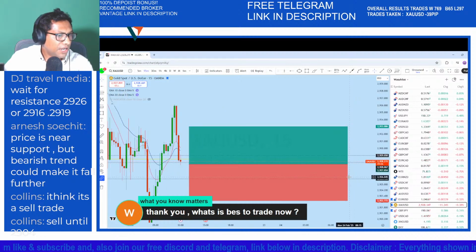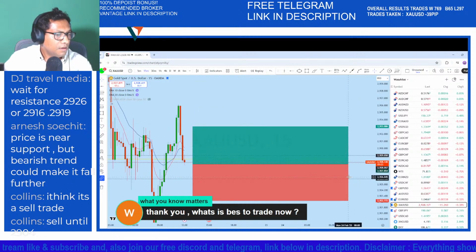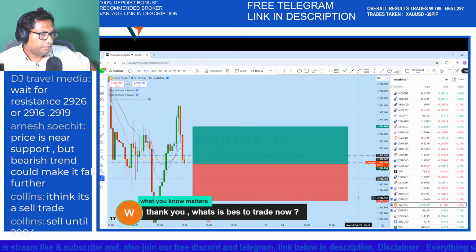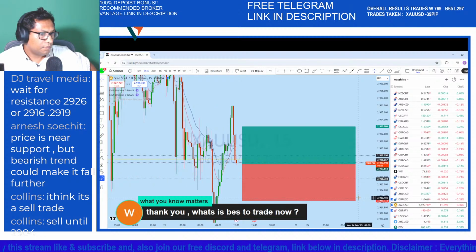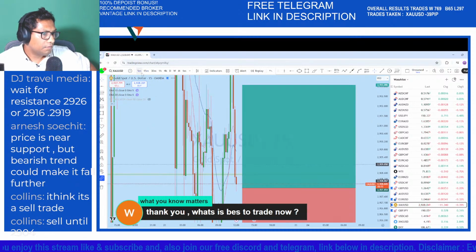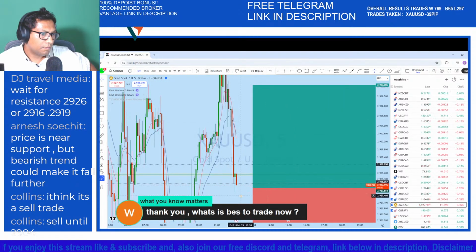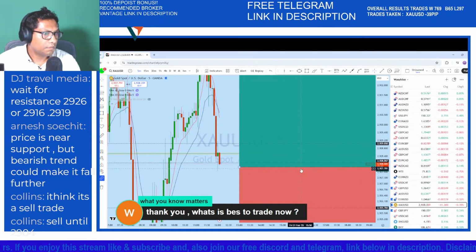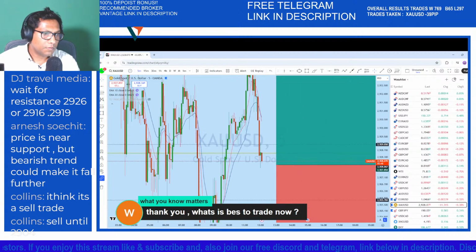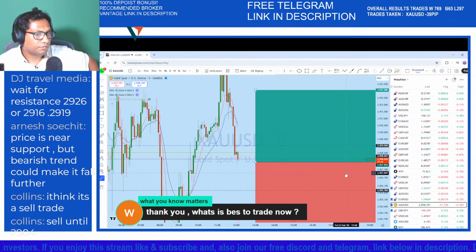Now there is mixed price action in that area. So there goes the mixed price action.